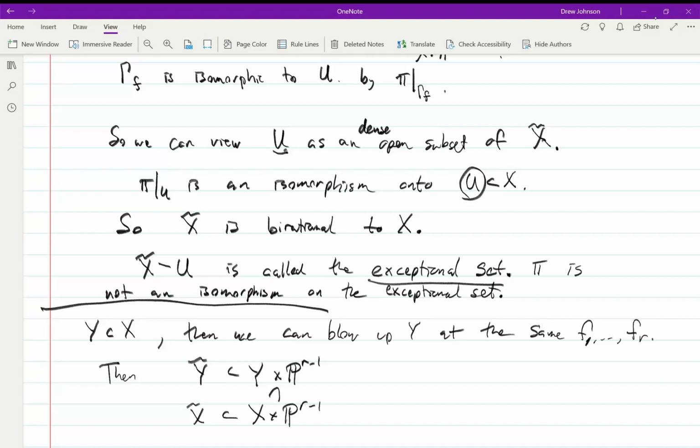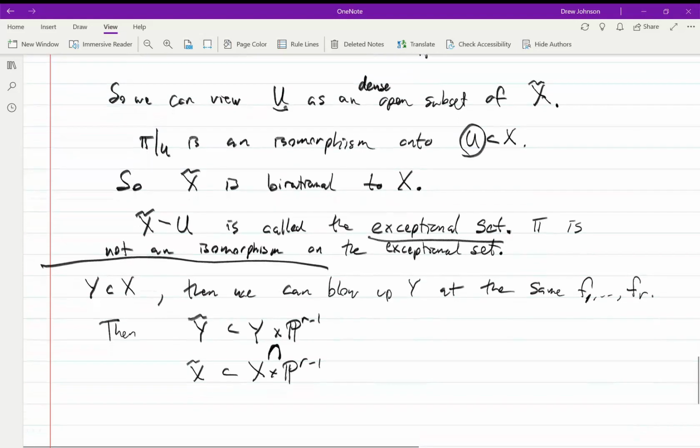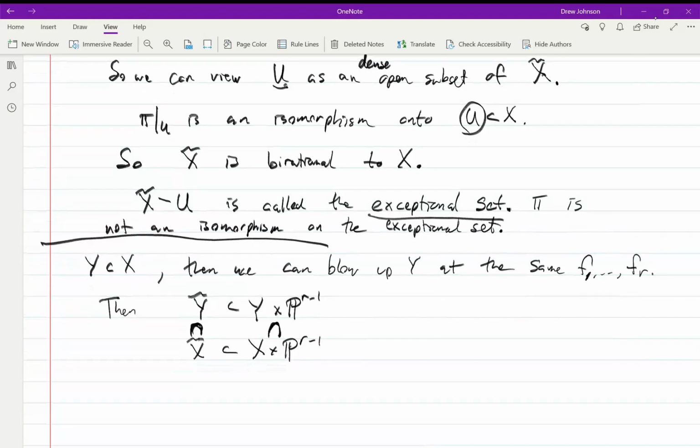Okay, and this is also a closed subset right here. You can think about it for a minute and realize that Y tilde can be considered as a closed subset of X tilde. So the blow-up of Y is contained in the blow-up of X.